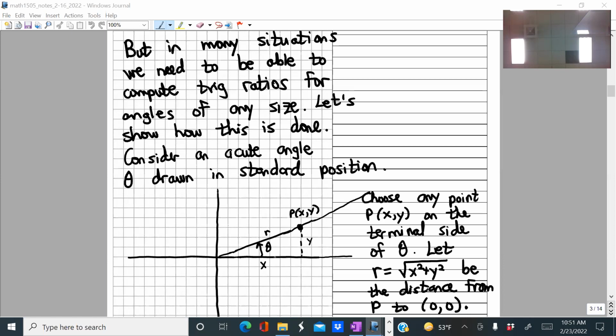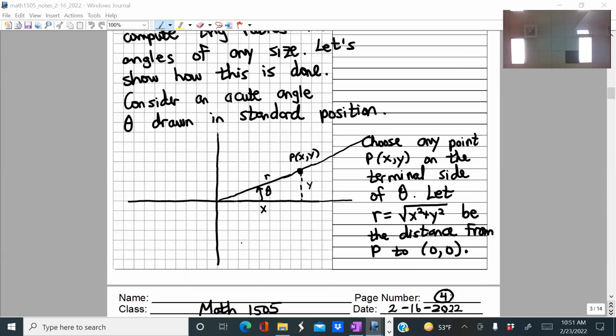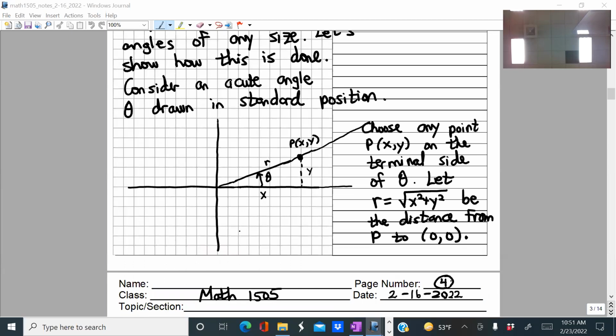What's the cosine of theta going to be? x over r. What's the tangent going to be? y over x.